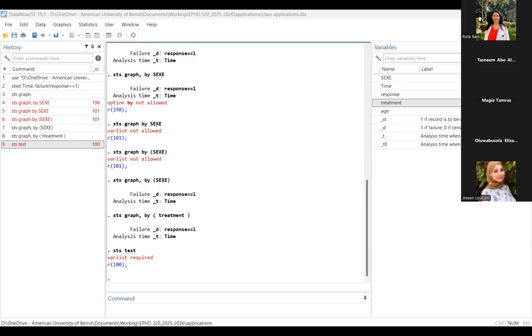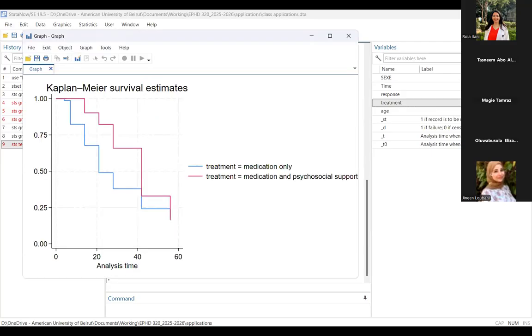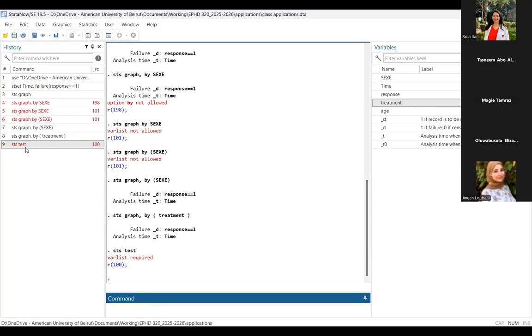So it's STS test. Oh, I need to put the group variable. So I need to put the treatment. You still see my data, right? Yes. So it is STS test treatment.